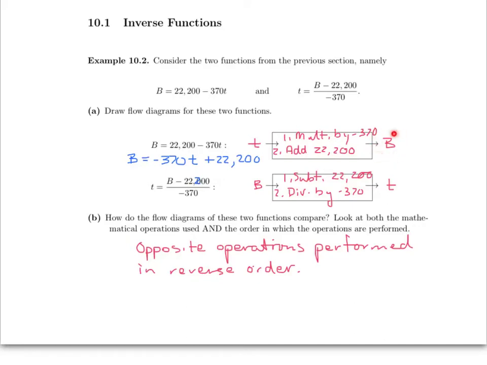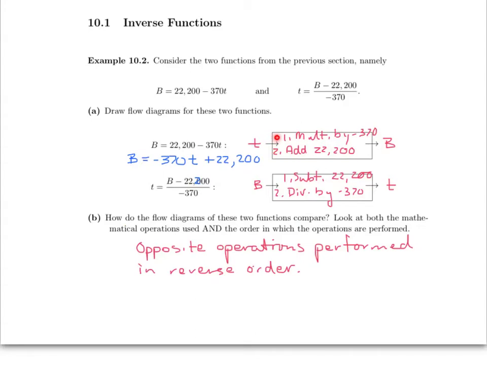Well, if I wanted to work backward, that would mean I would start with my b, which takes us here. Now if I wanted to work backward through this calculation, the very first thing that I would have to do is undo this operation. I undo the adding of 22,200 by subtracting 22,200. That gets me past this step.